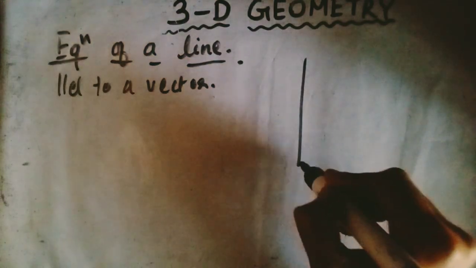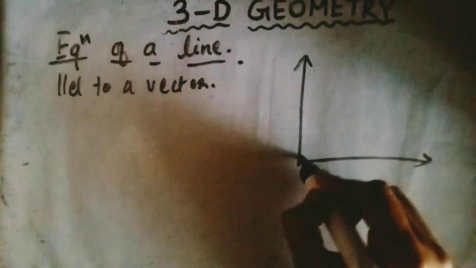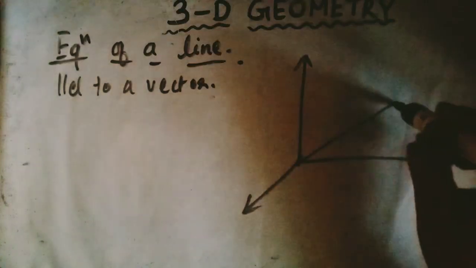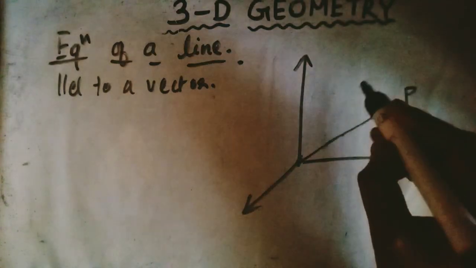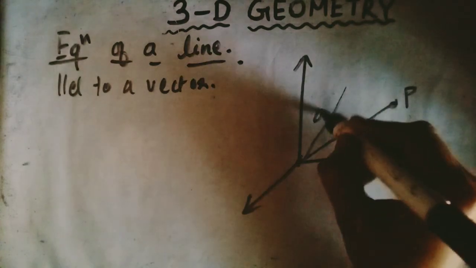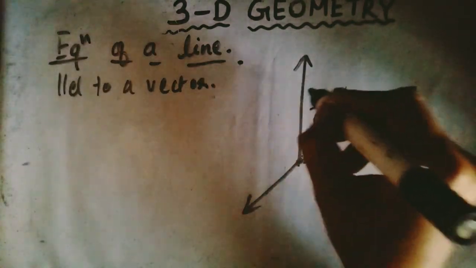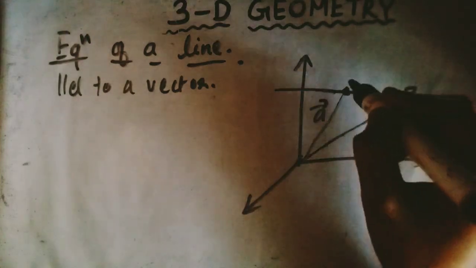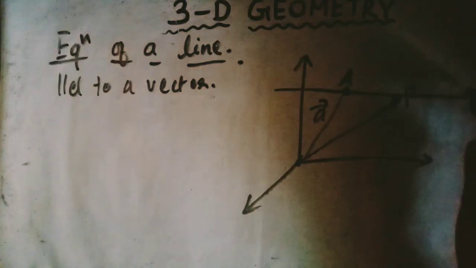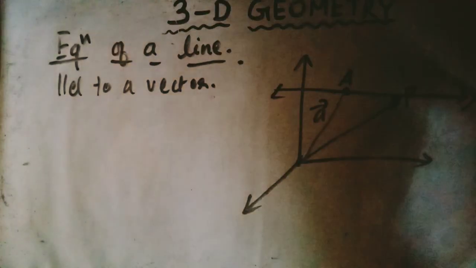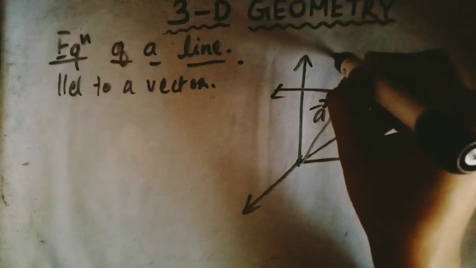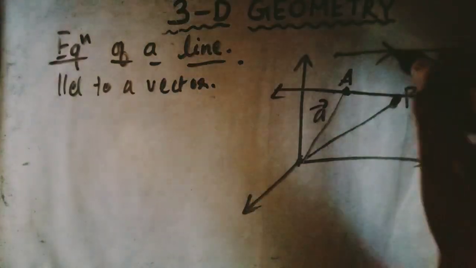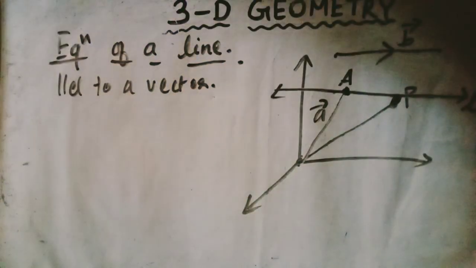So it is shown like this. These are the axes. Then there is a position vector OP and another vector A, and there is a line passing through point A. Okay, this is your line, and there is a parallel vector B to this line.